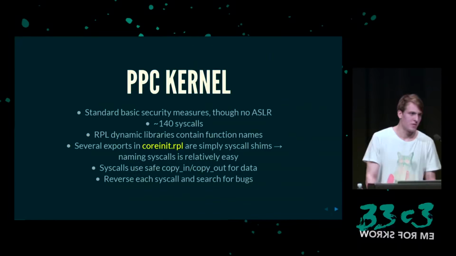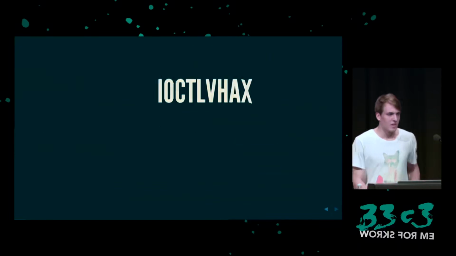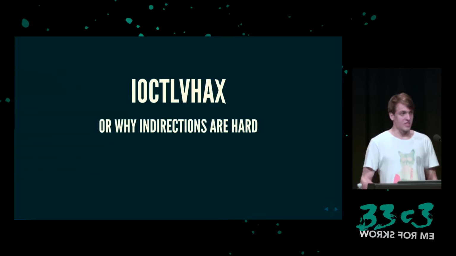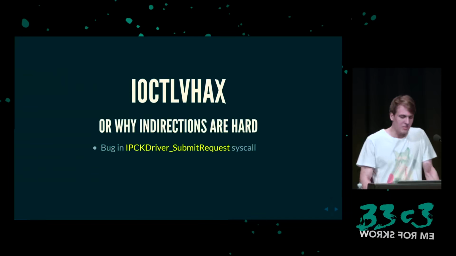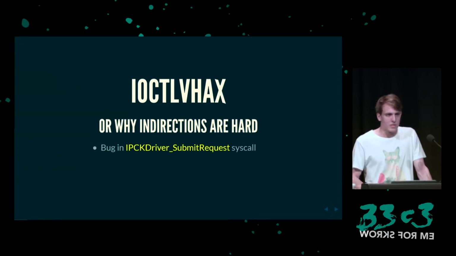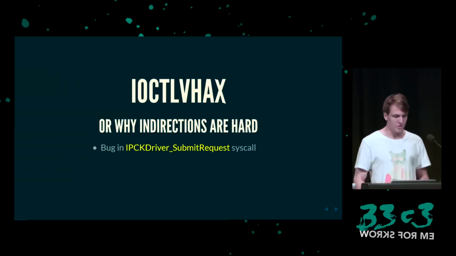So you start reversing each syscall and you start looking for bugs. And what we came up with at first is what we call "IO-controlled vhacks, or by indirections are hard." It's actually a bug in the IPCK driver submit request syscall. What this syscall is used for is submitting requests from user mode to this other processor, which I'm going to talk about later.